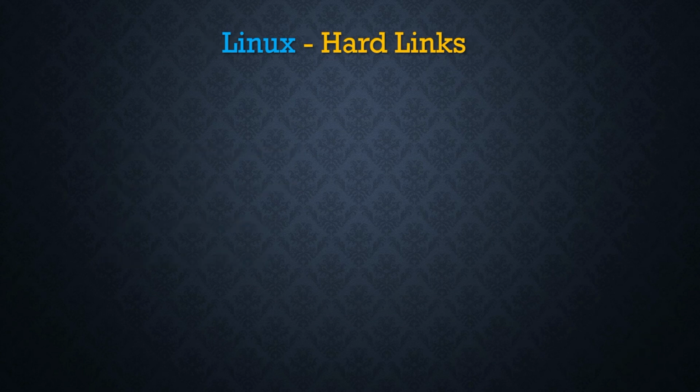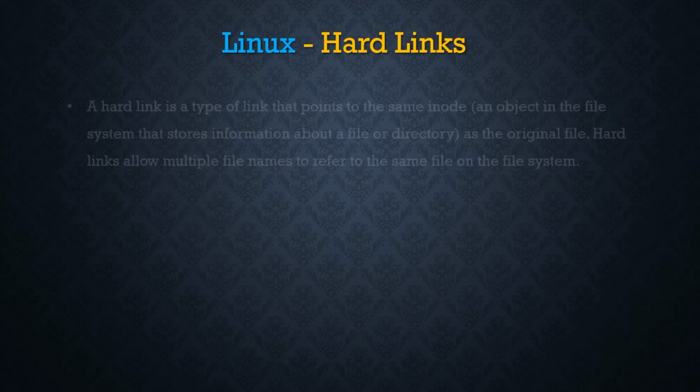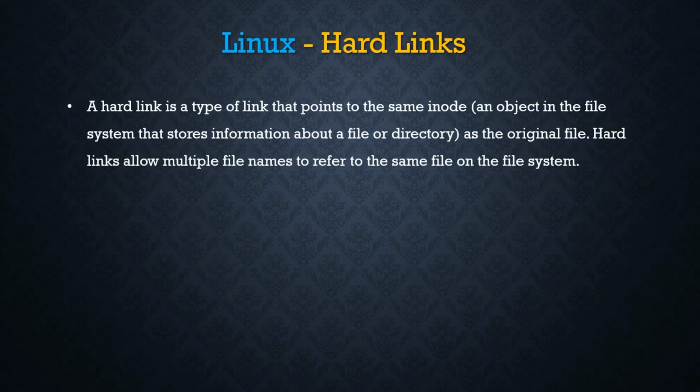So let's talk about what hard links are. A hard link is a type of link that points to the same inode, an object in a file system that stores information about a file or directory, as the original file. Hard links allow multiple file names to refer to the same file in the file system.